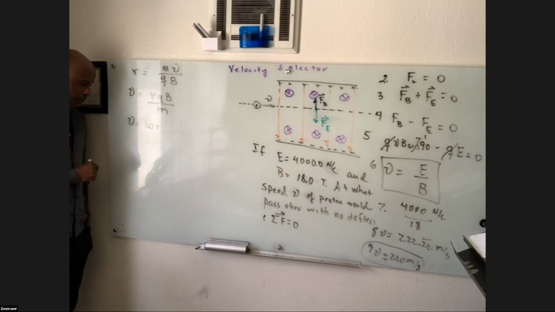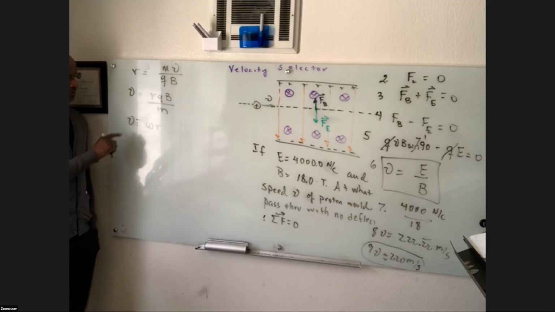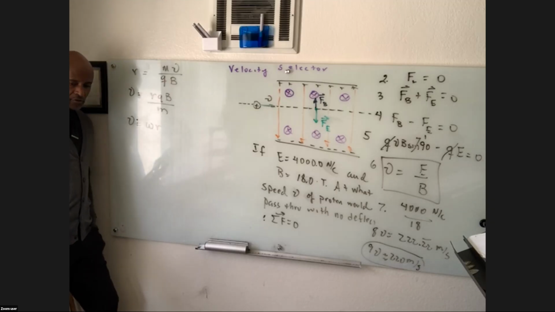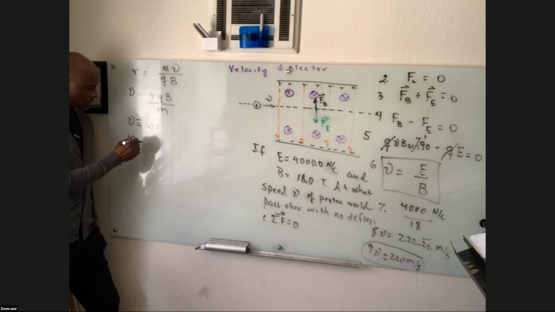Yeah, this is the relationship of linear speed to angular speed. So omega is equal to V divided by R.